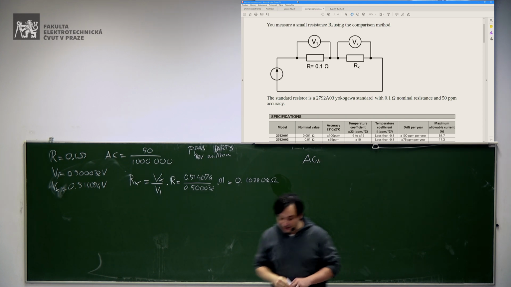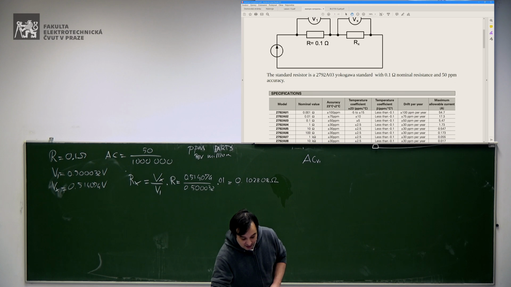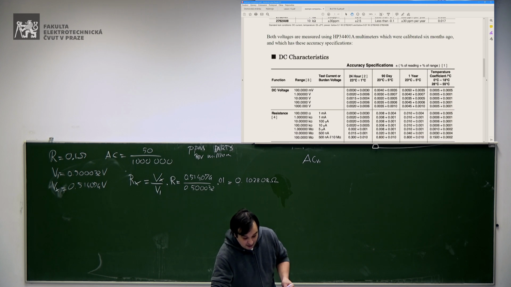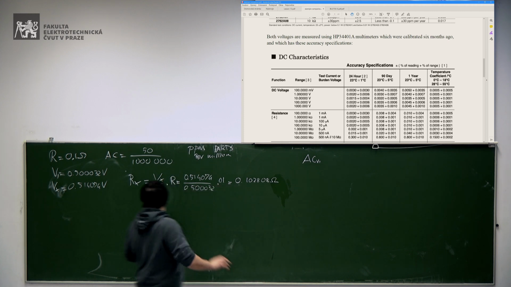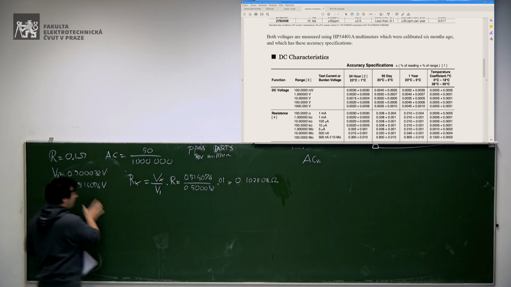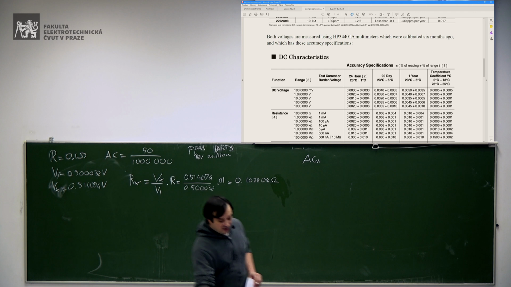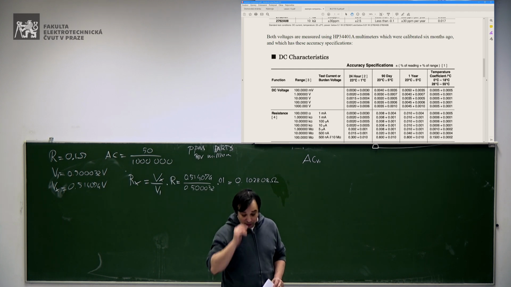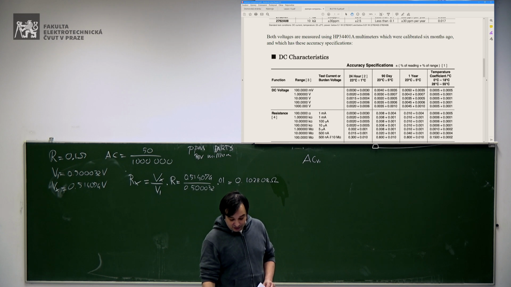If you watch in the accuracy specifications, we are measuring half a volt, which means that we are measuring in the 1 volt range. It was calibrated 6 months ago, so we are within 1 year of the calibration.